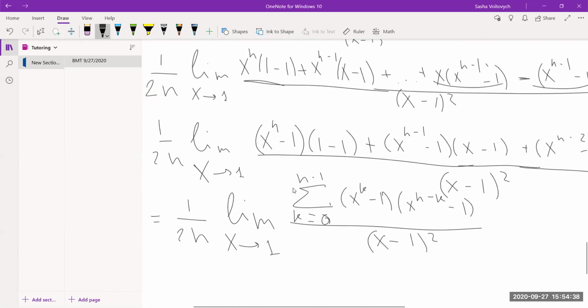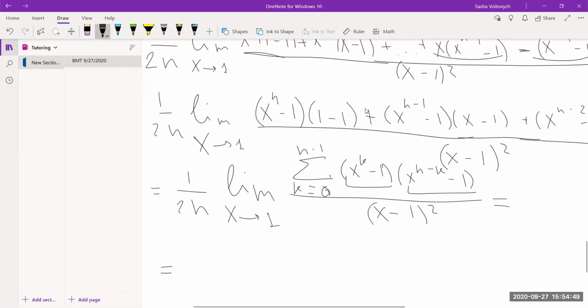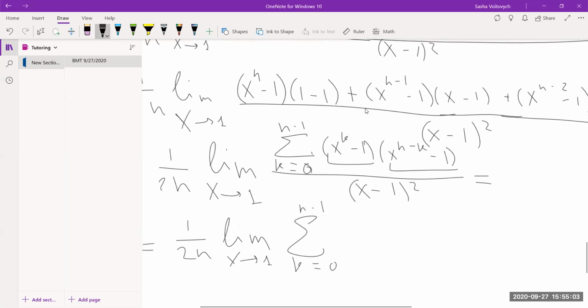Okay, so why is this good? Because both these terms are divisible by x minus 1. So instead of having limit of a sum, we have sum of limits.